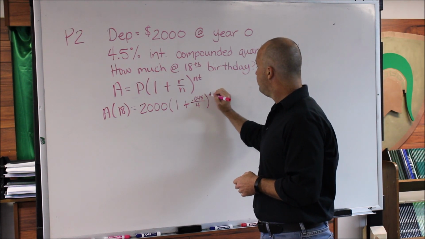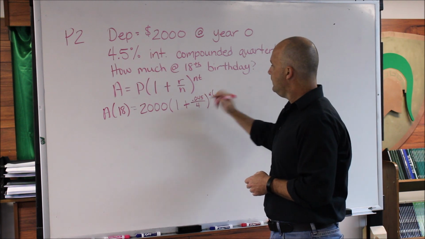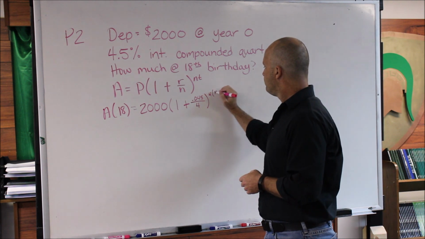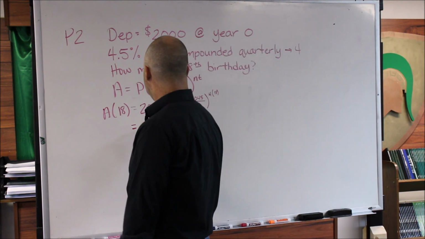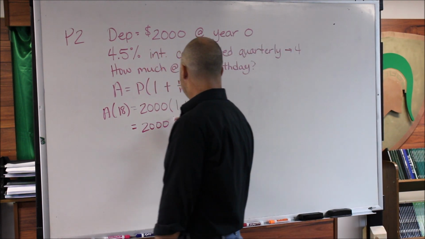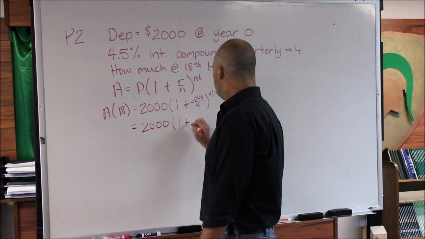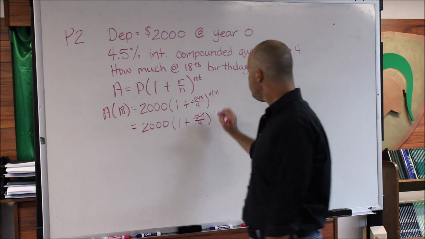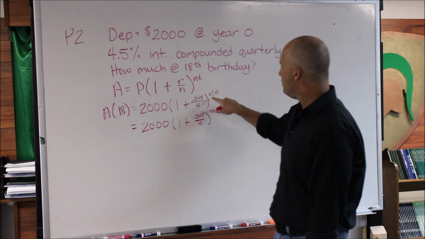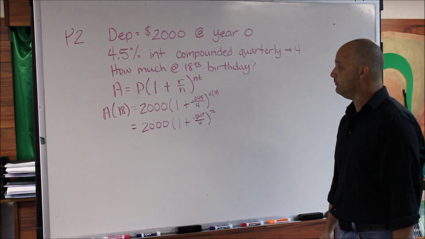So the n is 4 and the t is the 18 years. So now we're going to simplify this a little bit before we put it through the calculator. We get 2,000 times (1 plus 0.045 over 4) to the 72nd power, because 4 times 18 is 72.